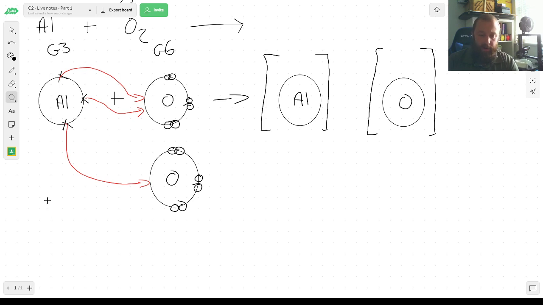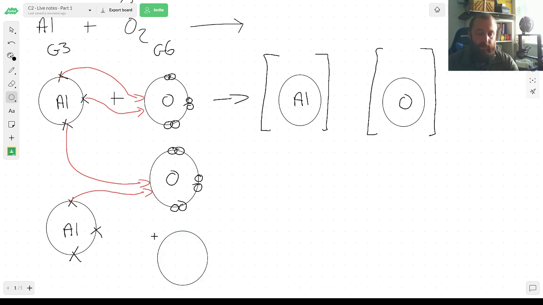I need another electron, so I'm going to draw another aluminium in here. Brilliant, so that oxygen's filled, but I've got 2 electrons left. So, same again. Those 2 go in there. That one is now filled.